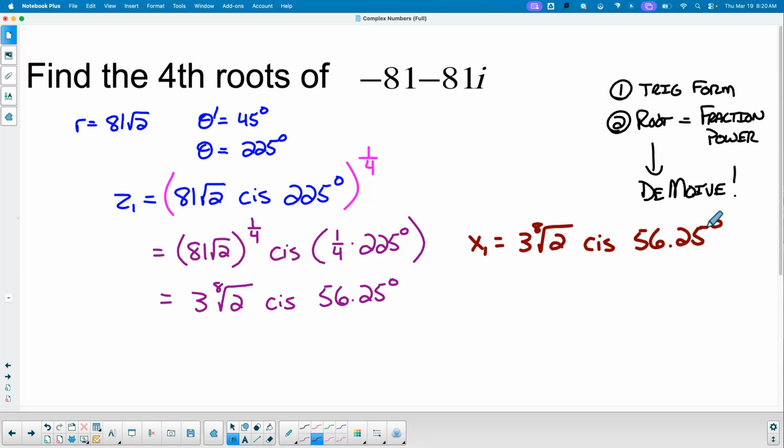If you wanted to round, yep, that one would be 3.272.